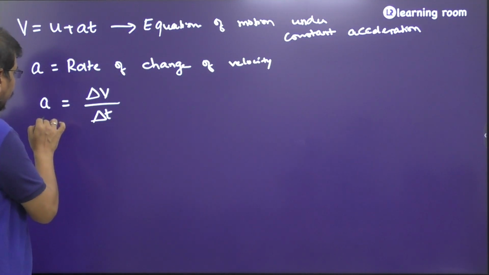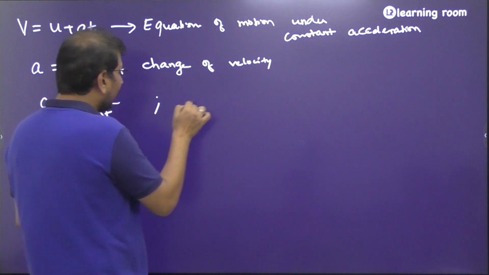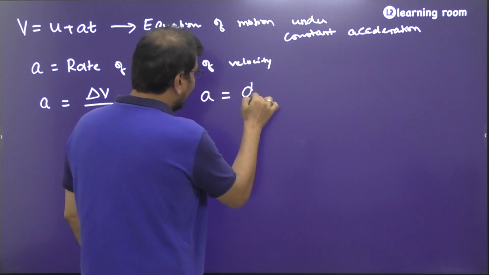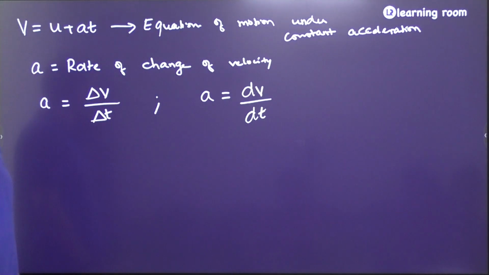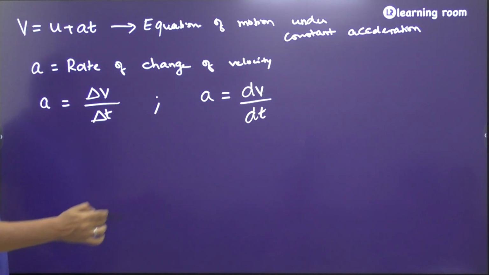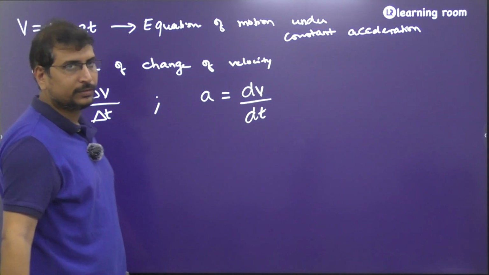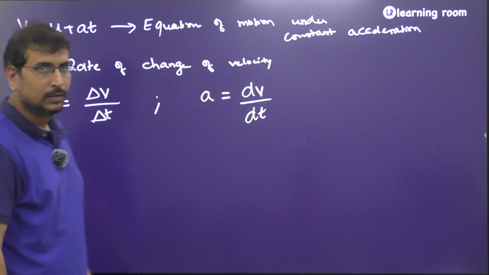Okay. Then, is there a way I can write the acceleration as dv by dt according to differentiation? Can I do it? Yes. But the question is, when should I write this? So you need to have that clarity.